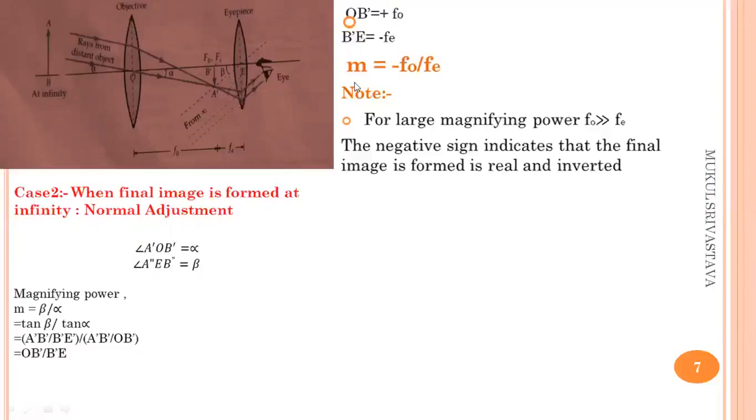So the magnifying power in this case becomes minus F naught upon Fe. Again, for large magnifying power, the focal length of the objective must be much greater than the focal length of the eyepiece. And again, the negative sign shows that the image formed is real and inverted.